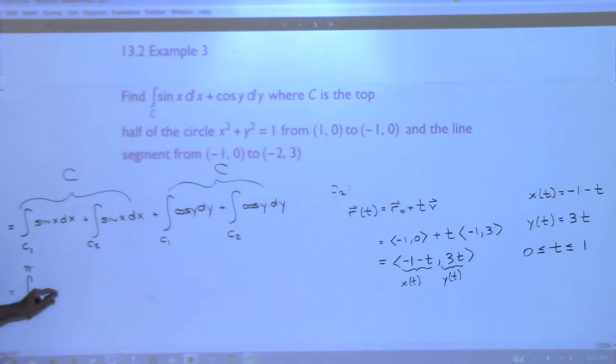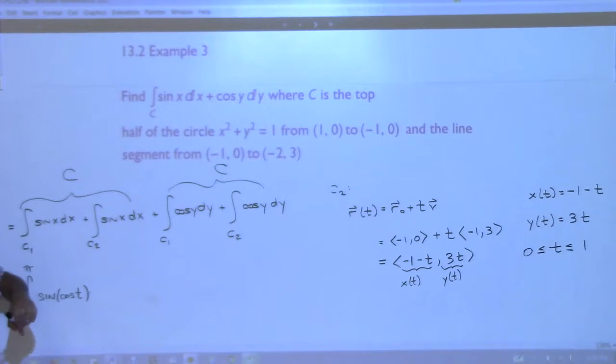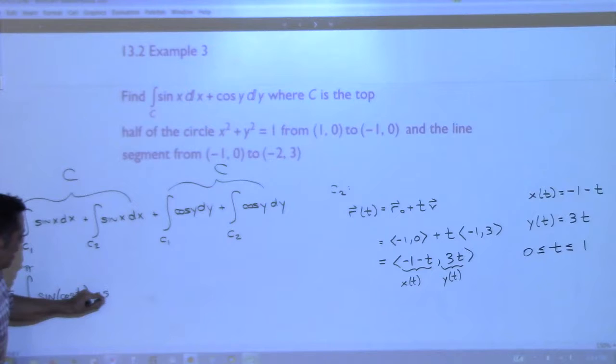So it's sine of cosine t, right? Not sine times, it's sine of x. And then times dx. Dx is the derivative of that x component function, which was cosine t, right? So the derivative of that is negative sine of t. So negative sine of t dt.